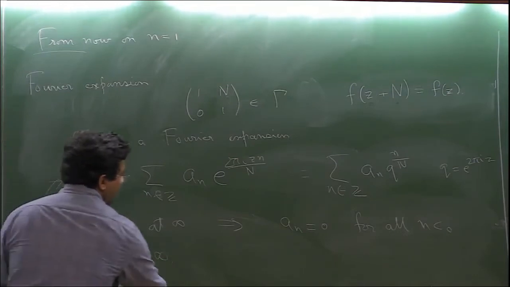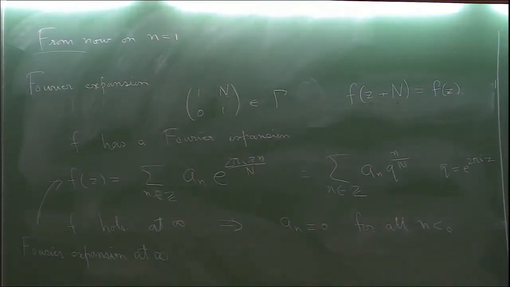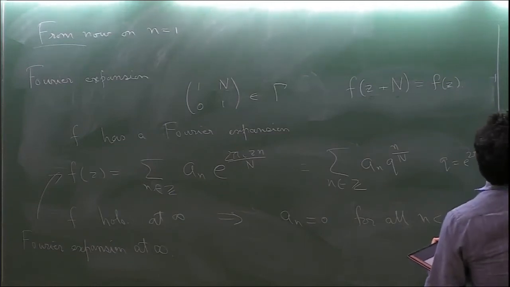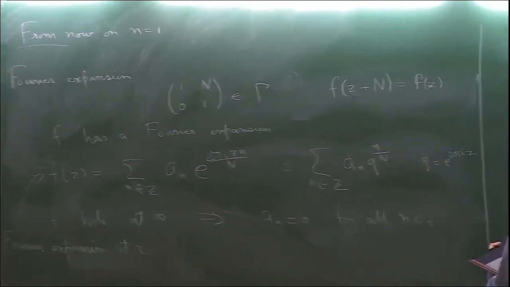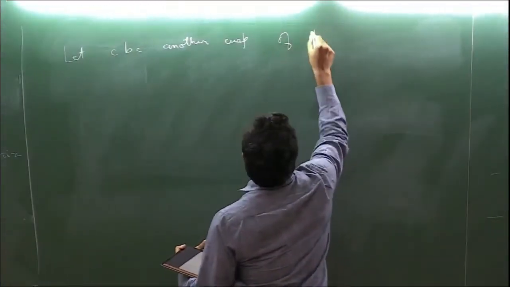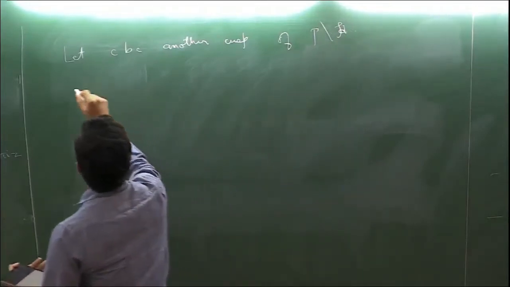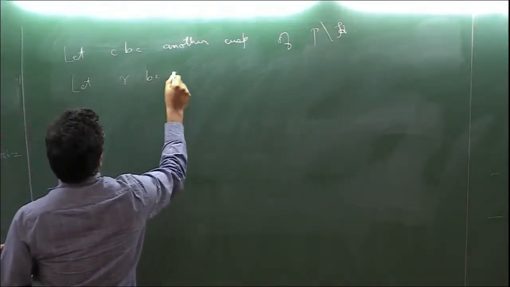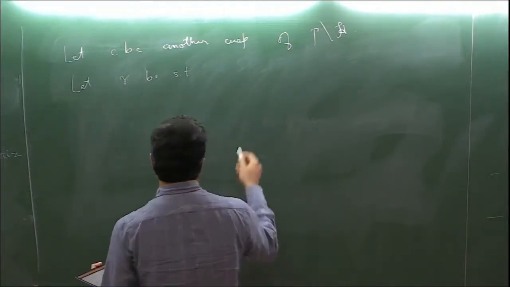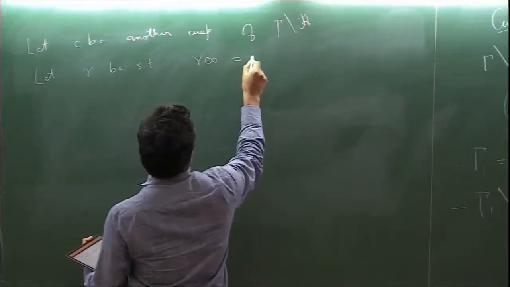At infinity, and then you can get Fourier expansion at other cusps. So let C be possibly another cusp of gamma mod h. Let gamma be such that gamma infinity is C, right?